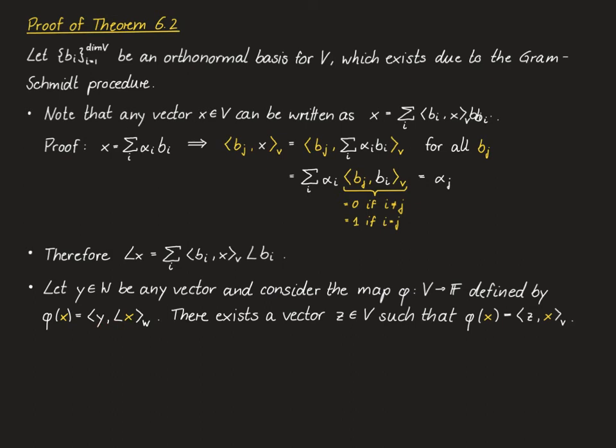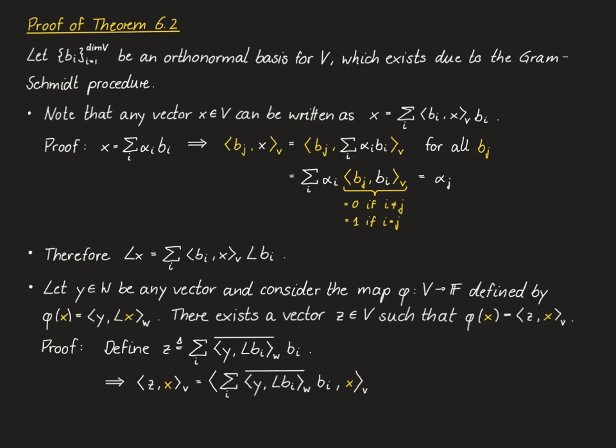Then there exists some vector z in V such that this map phi of x can also be represented as the inner product of z with x. For the proof of this fact, suppose we define the vector z by this formula given here. Now all we need to do for this z is to verify that this expression and this expression are the same.